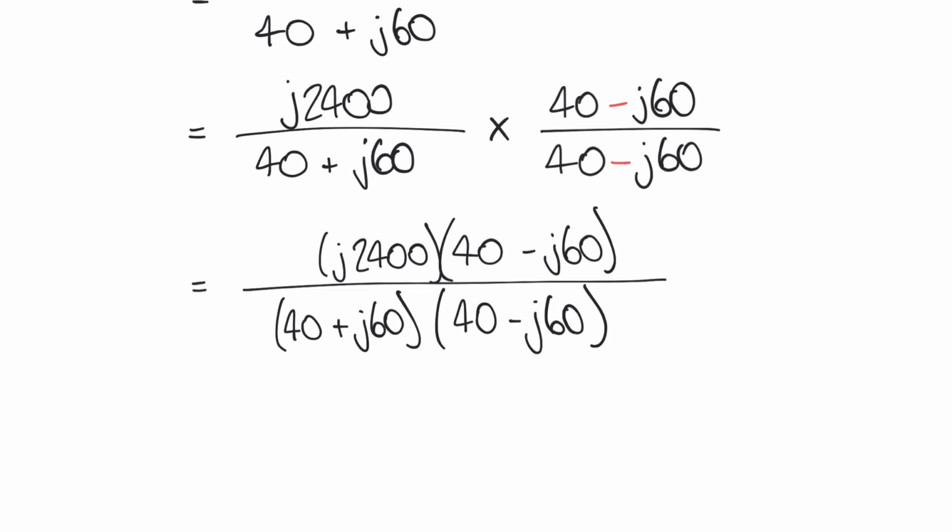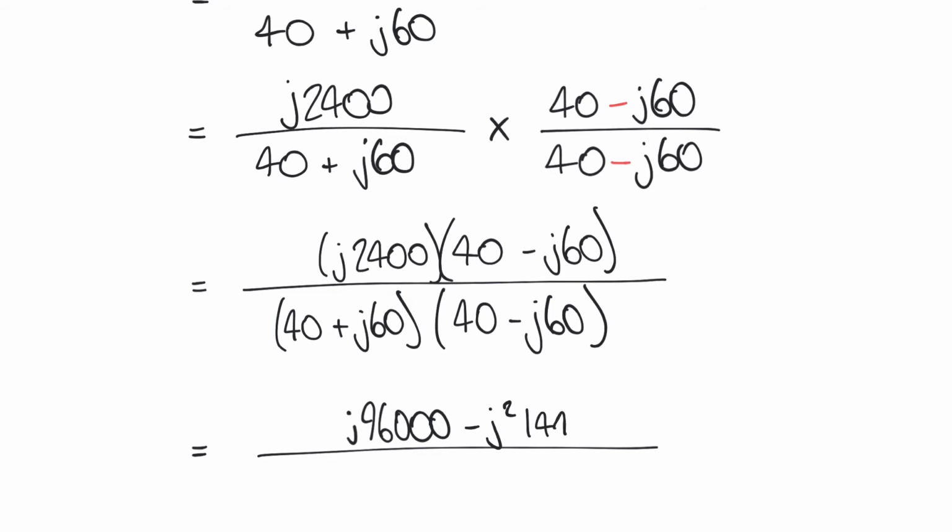The top, or the numerator in this case, we're going to multiply these two terms, 40 and minus j60, by j2400. Well, j2400 times 40 is going to give us j96,000. And j2400 times minus j60 is going to give us minus j squared 144,000.